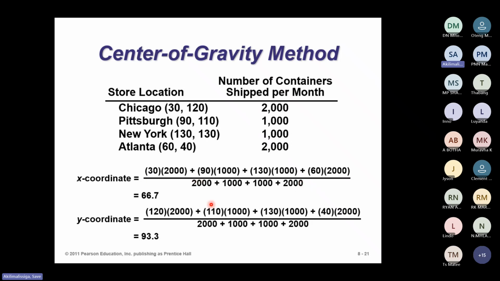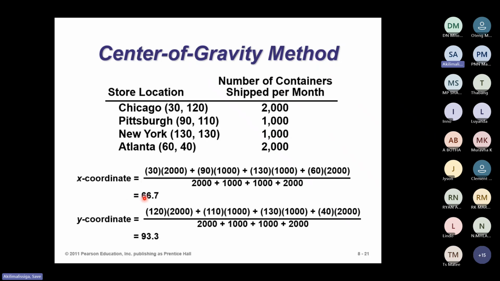All right. And then once you have everything in order like this, just use your calculator to do your calculations. And you'll find out that the x coordinate is 66.7.